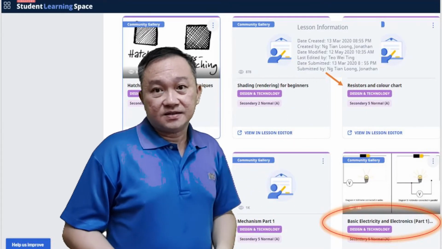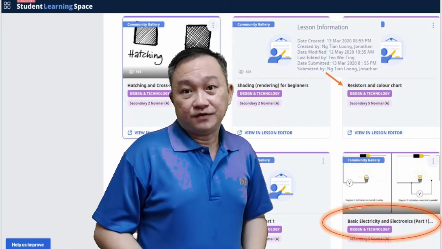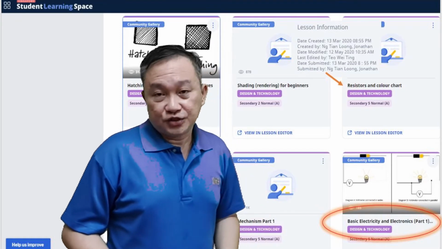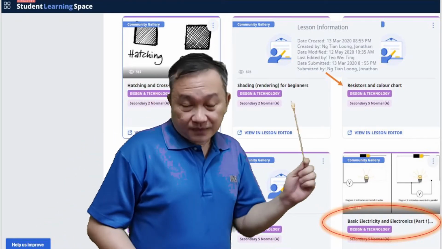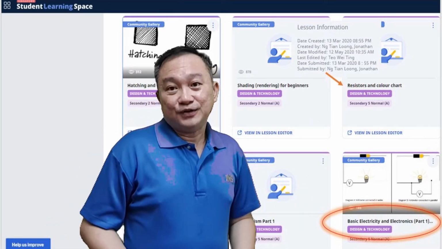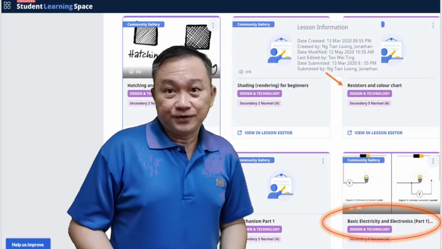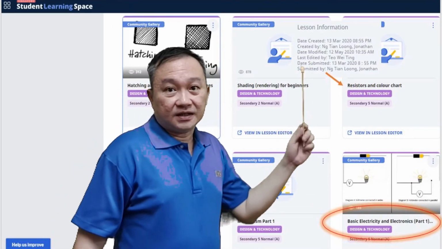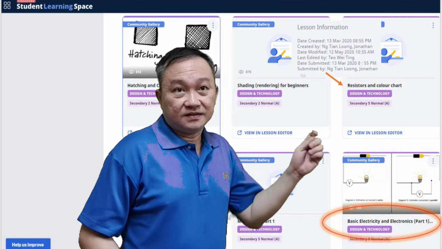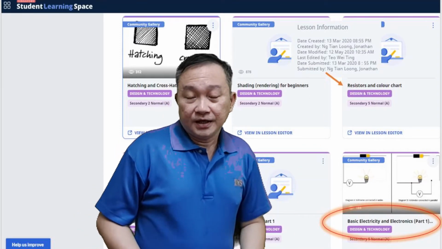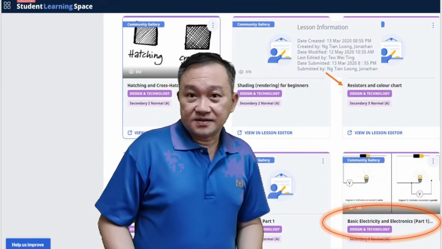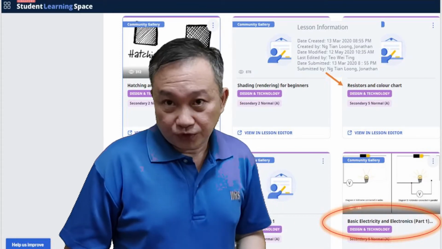This SLS lesson is actually not created by any of our teachers in our school, but by a teacher in another school during the COVID-19 situation in 2020. This teacher colleague's name is actually Mr. Ng Tian Long Jonathan.